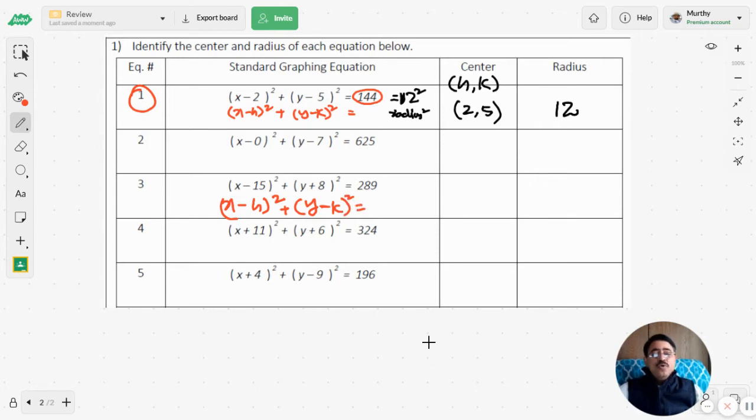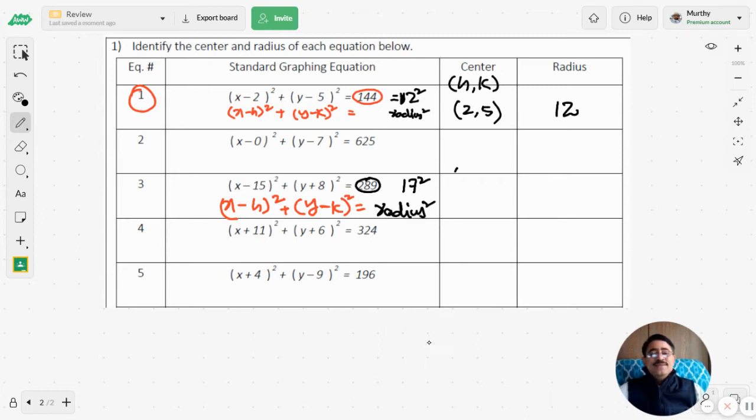And how about 289? If you want to make use of a calculator, you'll find that it is 17 squared. So this one equals 17 squared, which equals radius squared.